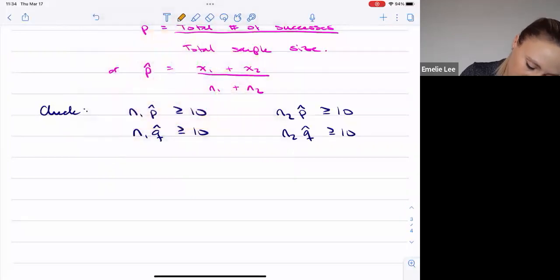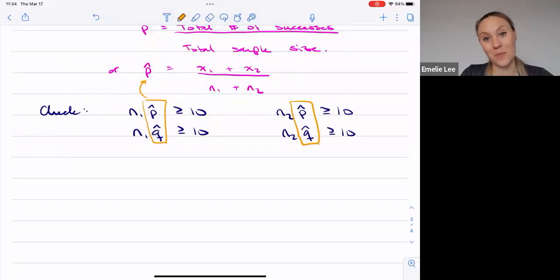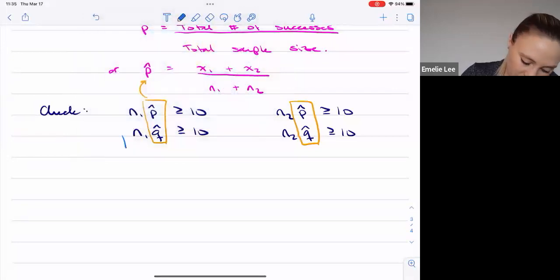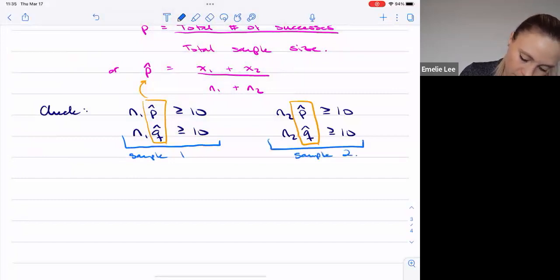So these here are the pooled proportions, and of course q hat is 1 minus p hat. And you have to check it for sample 1, and you have to check it for sample 2.